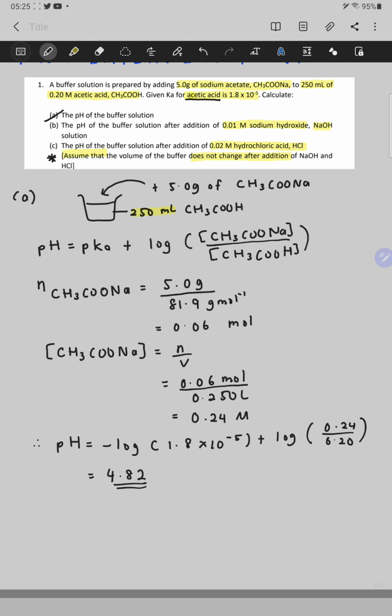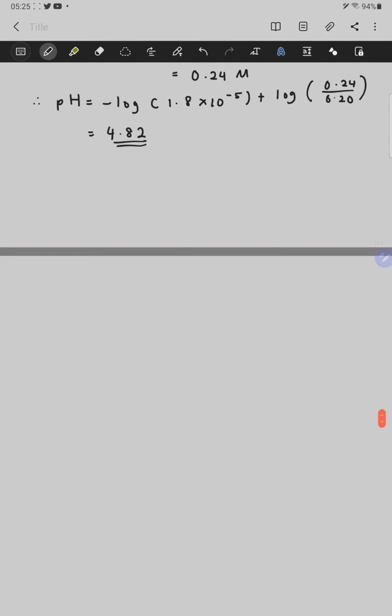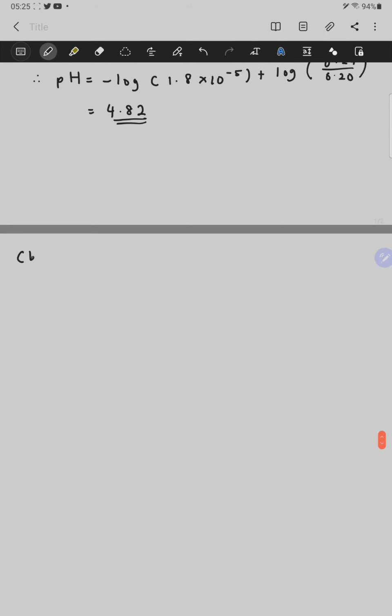Right now we want to add strong base inside the buffer solution. Right, so we will add 0.01 molar sodium hydroxide. What will happen to the buffer? We know that buffer ni dia ada ability untuk maintain dia punya pH. Okay, so for B, right, so this is your buffer tadi.